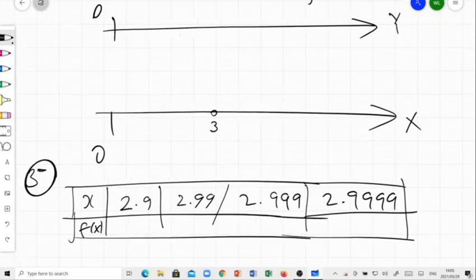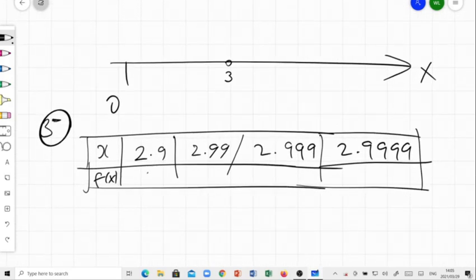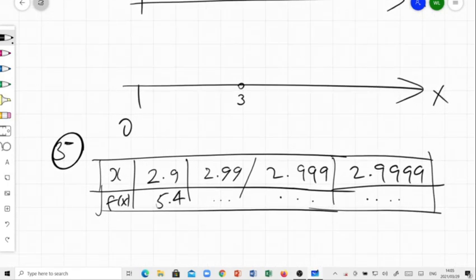Remember, f of x is a doubling function. So you double that up to 5.4, and so on, and you knew that the values were getting closer and closer to 6. So you said that the limit when you approach 3 from the left of your doubling function was equal to 6.